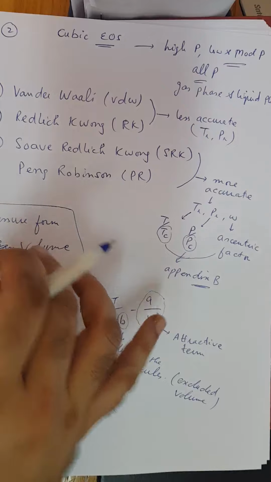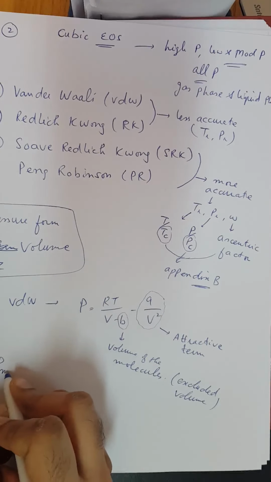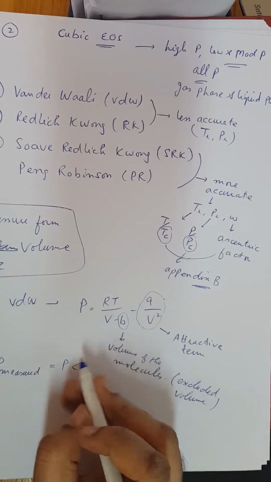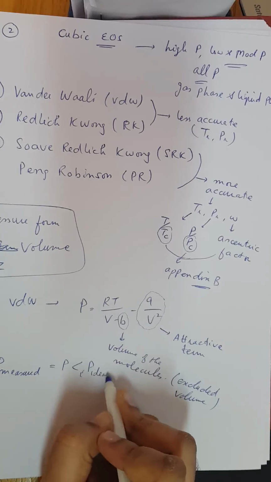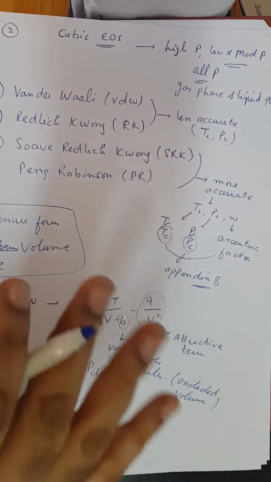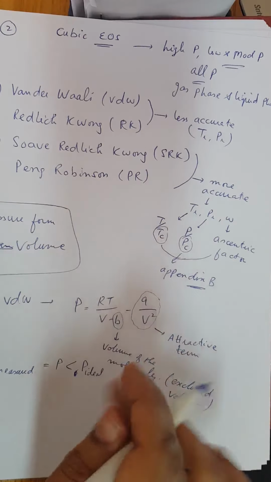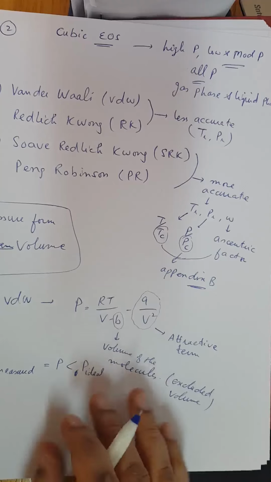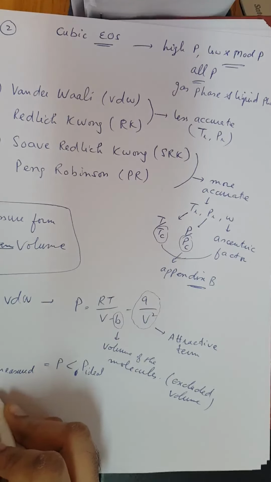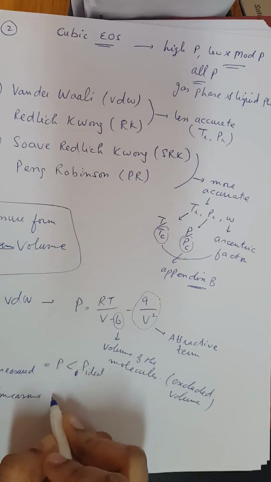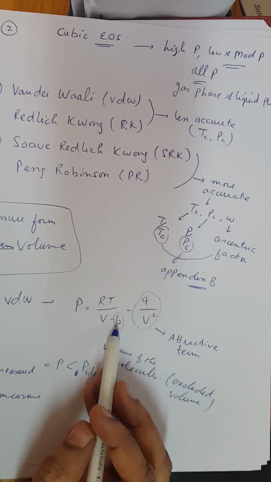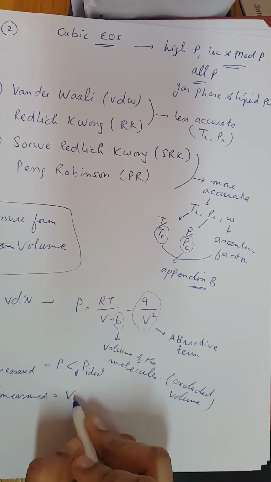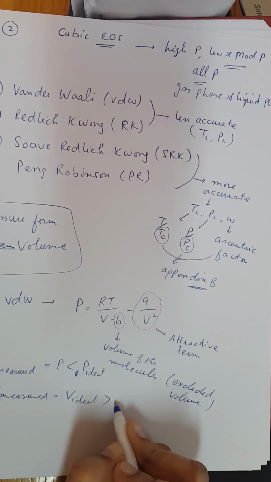If there is no force of attraction, then P measured will be less than P ideal, because when there is no force of attraction between molecules, they hit the wall more strongly. So P ideal will be higher than the actual pressure exerted by the molecules. Similarly, for V measured, if you don't subtract this term, the ideal volume will be higher than the actual volume.